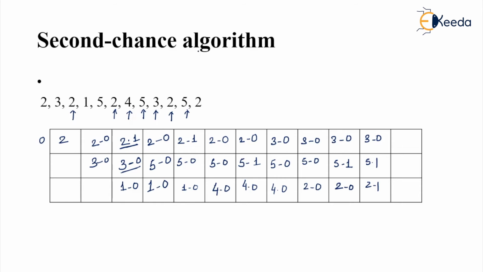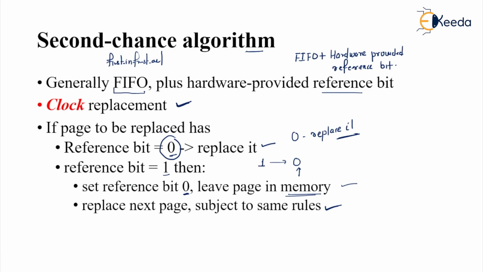Okay, so the second chance algorithm is again repeating the logic that if it is 0, then replace it. If this reference bit is 1, then set this reference bit to 0 and leave the page in the memory. Do not replace it. Every page will be subjected to this.